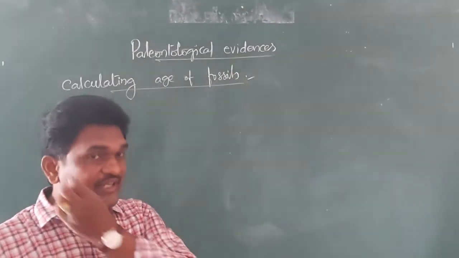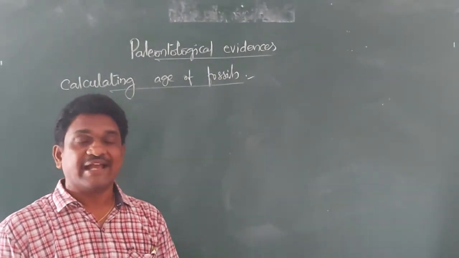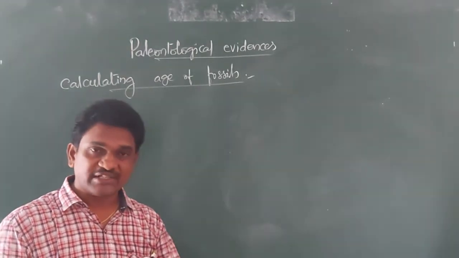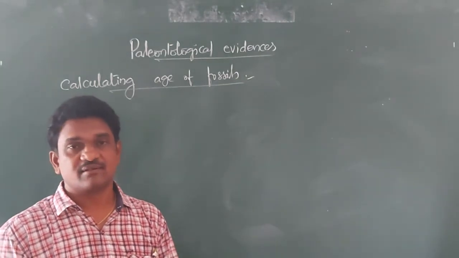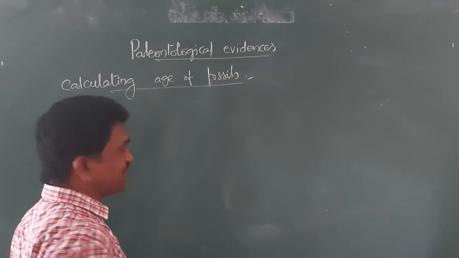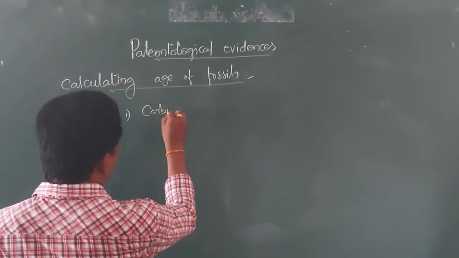In order to calculate the exact age of the fossils, or exactly how many years back that organism died, there are many technologies. Of those, some of the important technologies are mentioned here. One is the carbon dating method.